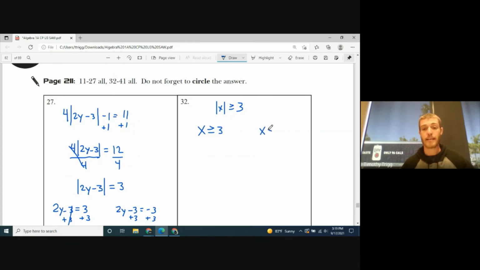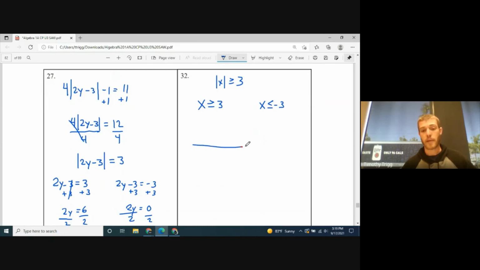X is less than or equal to negative 3. So in this case, the first one where you keep the plus, you just keep everything the same. But on the other one, when you change it to negative, you're going to flip that inequality, okay? And that'll give us our 2 inequalities that we need to graph.